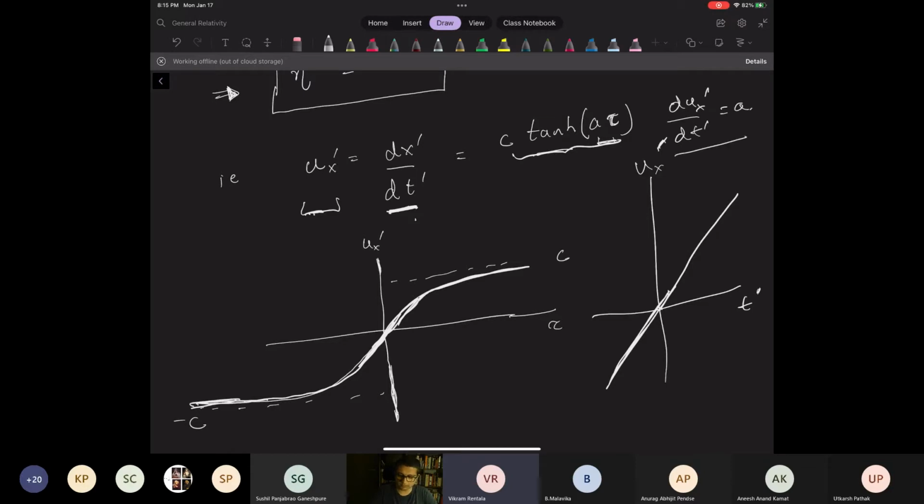But now, as a function of proper time, that is, the time along the particle as measured by a clock moving with the particle, your speed only changes between minus c and plus c.